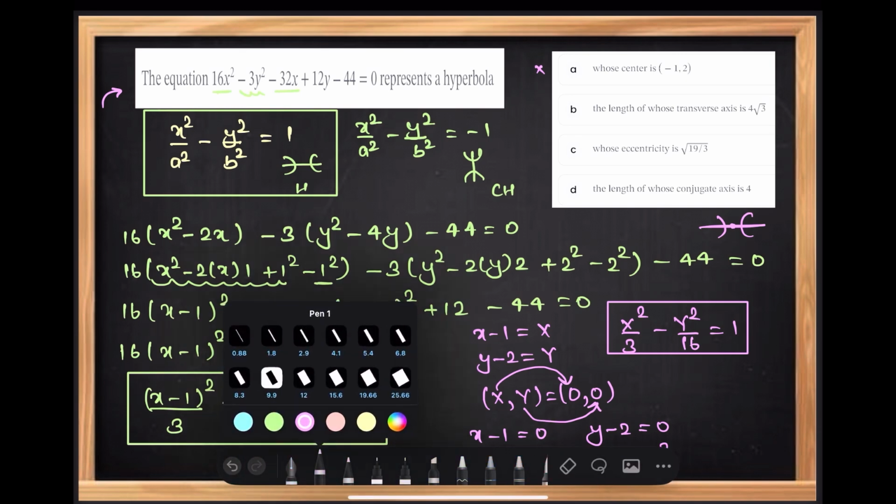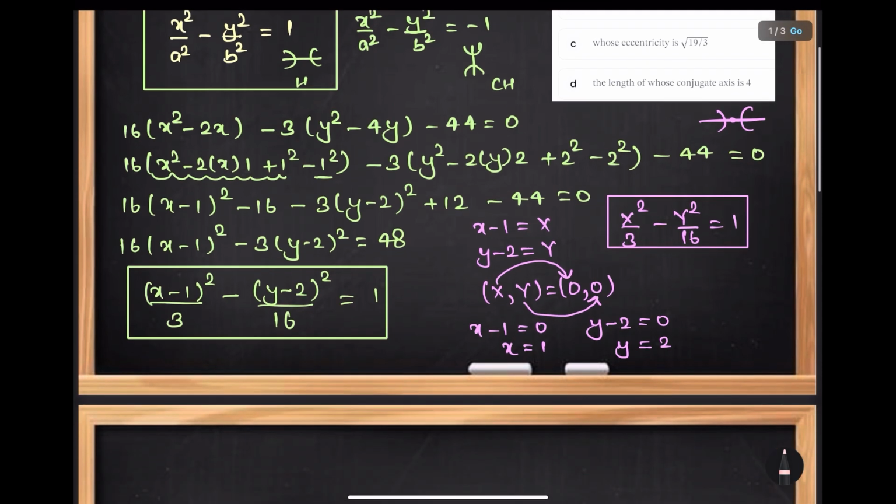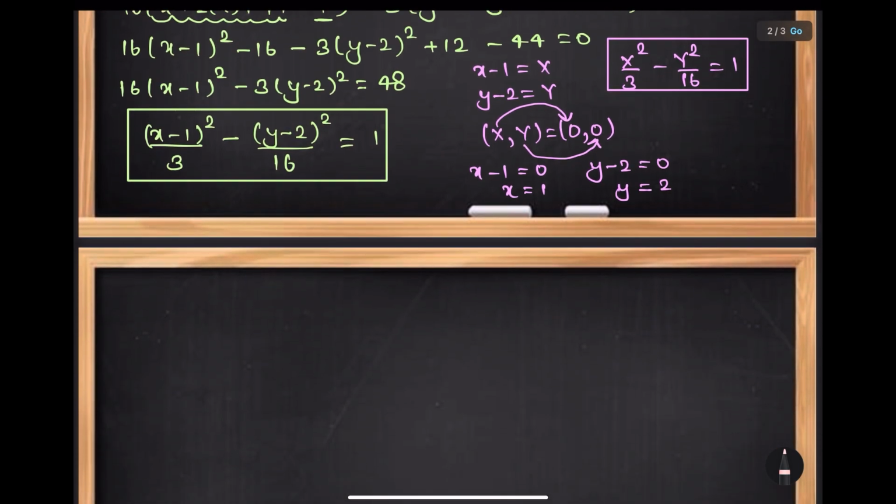Now let's check the second option: length of the transverse axis. You know that this is the transverse axis, so we have to find this distance.